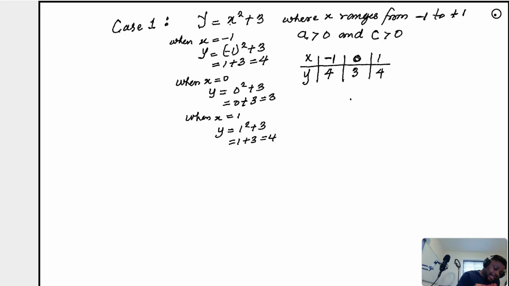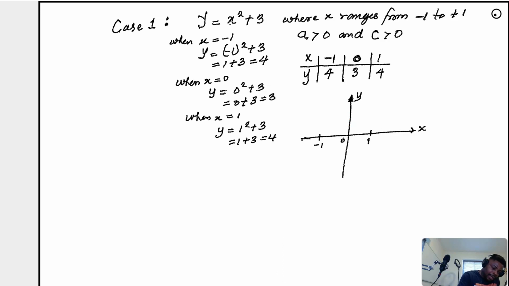So in that case, I can easily put a graph. This is y and this is x. This is 0, this is 1, and this is minus 1.